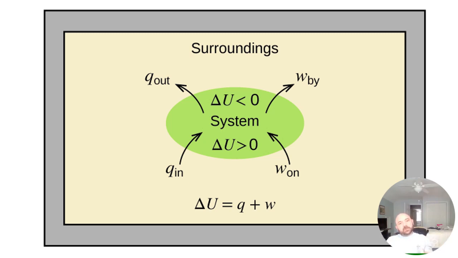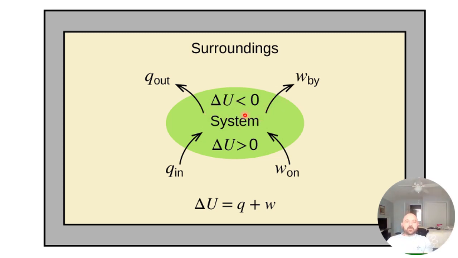Obviously, if heat is put into a system as well, we see right here, this is heat being put into a system, which means also that the change in energy would be greater than zero because the system would absorb heat to gain that energy. And then, of course, if heat is let out, if a system heats its surroundings, then it is losing that energy. That's why delta U would be less than zero.